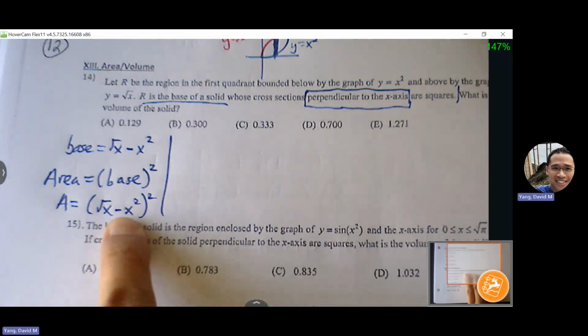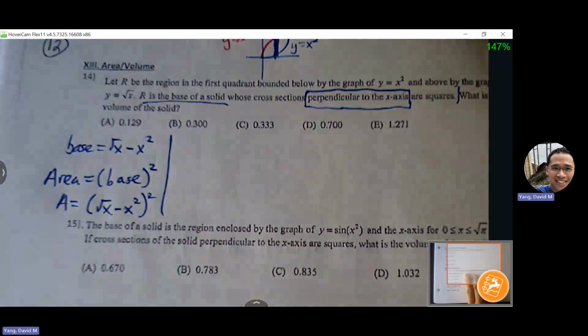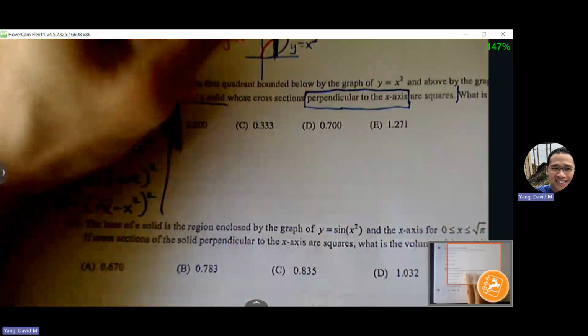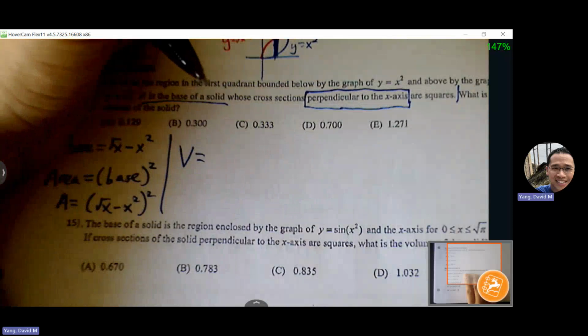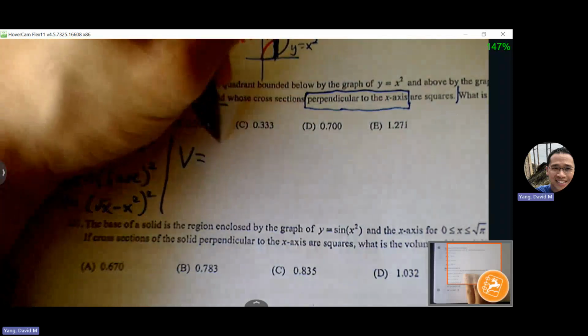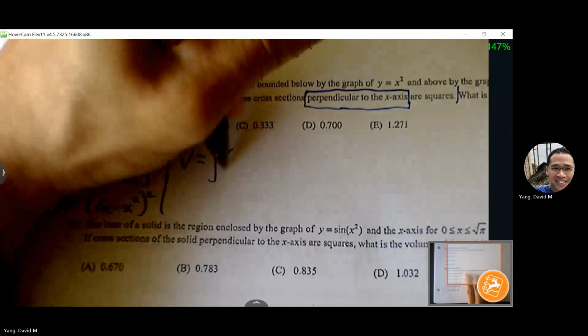If you can get your area, then the rest of it is just to get to that third dimension: you just put the integral and dx and bookend on both sides. So now our volume is just, remember, there's no pi, right? There's no rotation. It's not washer method. There's no circles coming out of it. So it's just the integral.